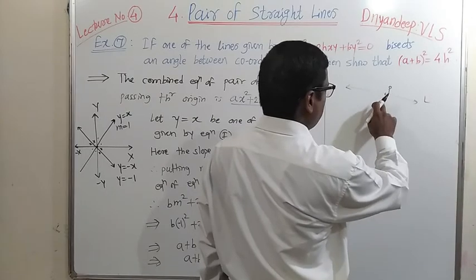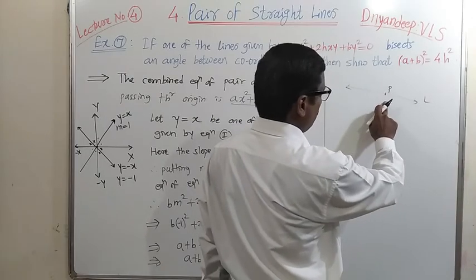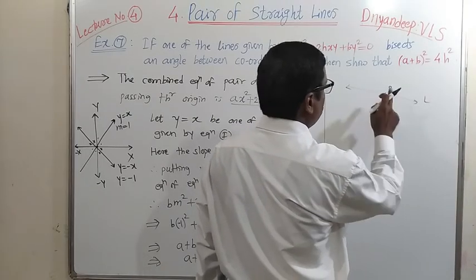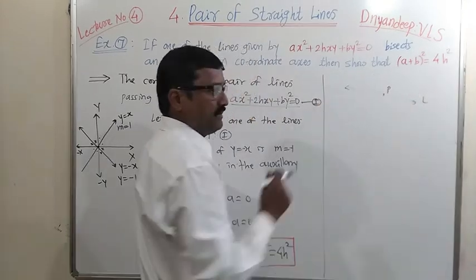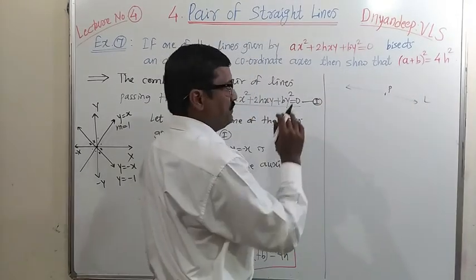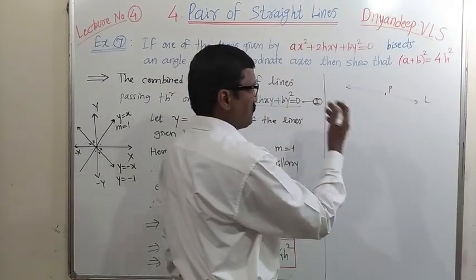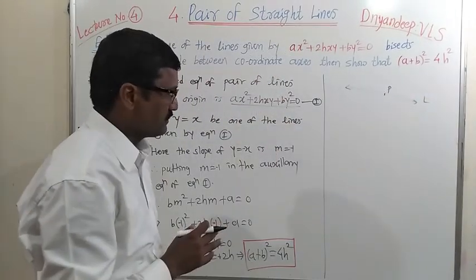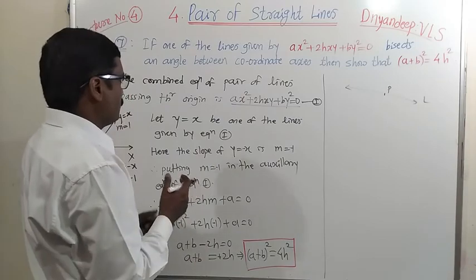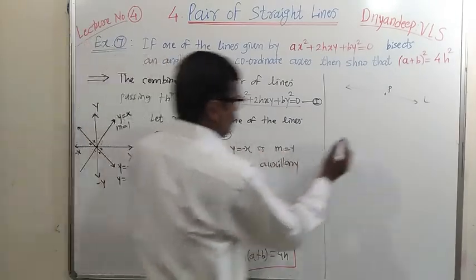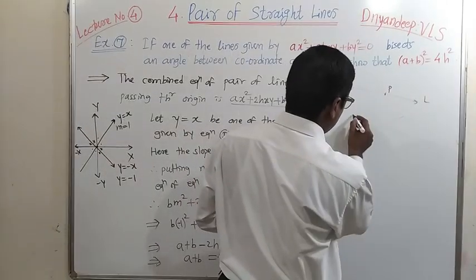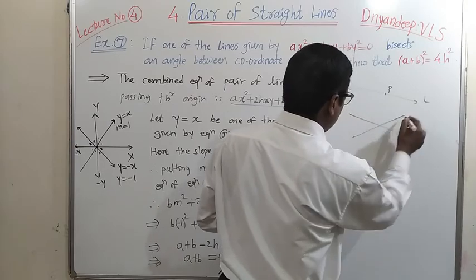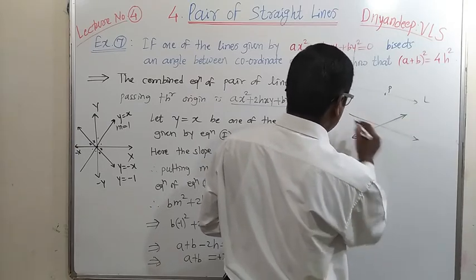So if P is one of the points of this line L, then this point P satisfies the equation of the line. At that time we put the coordinates of this point in the equation of the line, and it satisfies that equation. In the same way, what is happening here? Out of two lines, one of the lines is given.